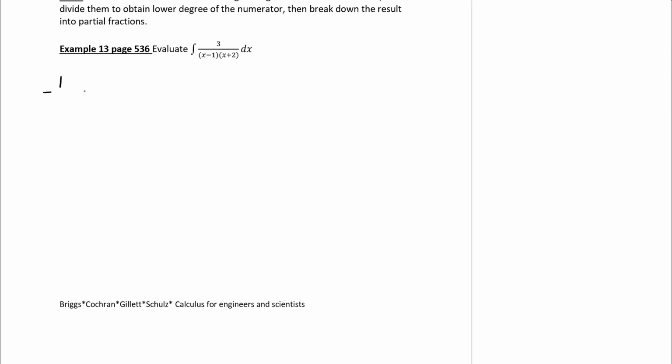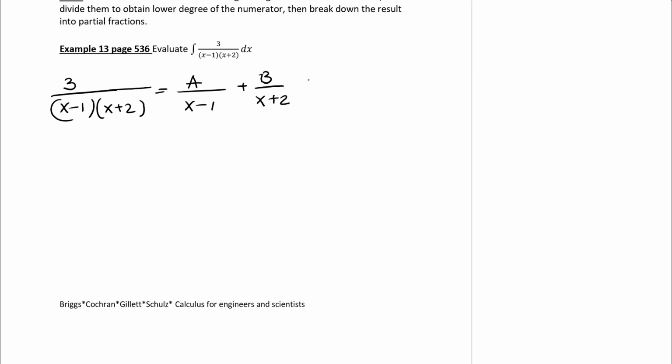So let's take 3 over x minus 1 times x plus 2. And let's break it down as we saw in the first type of problem. It's going to be a over x minus 1 plus b over x plus 2. Our goal now is to find a and b.